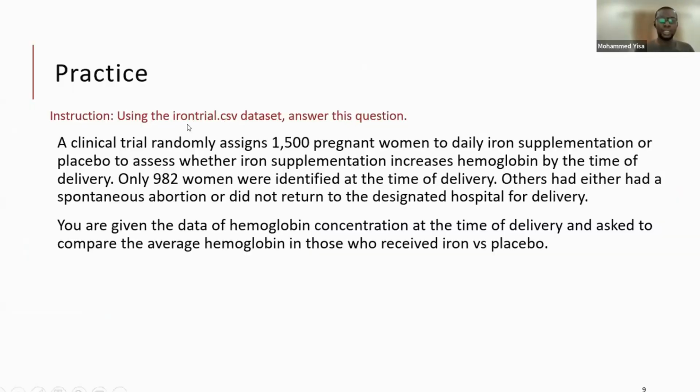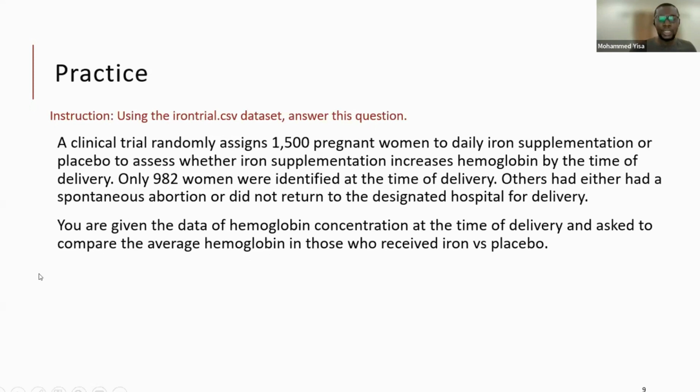So let's go to the practice exercise. Import this data set into your SPSS, the iron trial. This is a trial that randomly assigned 1,500 pregnant women to daily iron supplementation or placebo, to assess whether iron supplementation increases hemoglobin by the time of delivery.